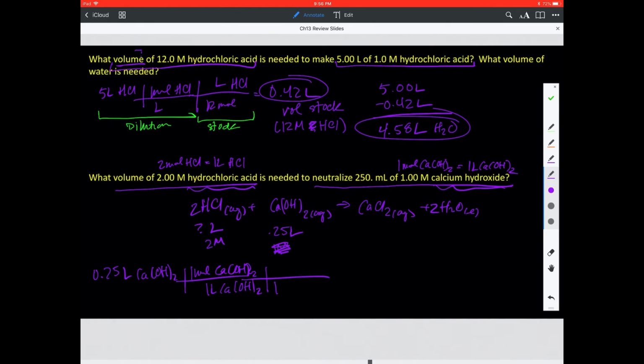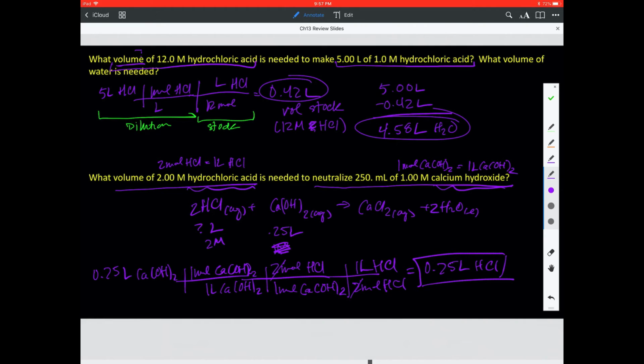And then for every 1 mole of calcium hydroxide, I require 2 moles of HCl. And I know that there are 2 moles of HCl, again a relationship, for every 1 liter of HCl. And so now we can do that math. If we take a look, actually those 2's cancel, and all we have is 0.25 liters of our HCl solution.